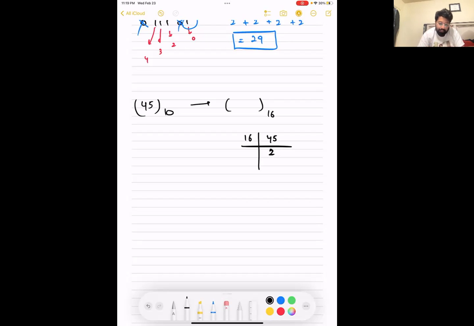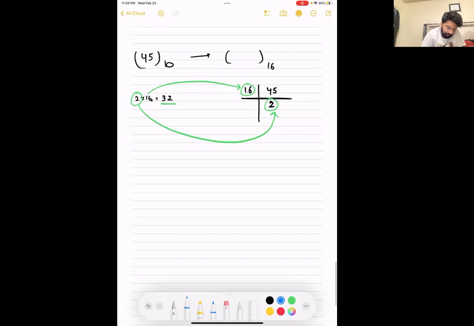Now 2 multiplied by 16 is 32, since I got this 2 from here, and this 16 is from here. Makes sense? So I have 32. Now what I'm gonna do is 45 minus 32, which gives me 13. So the remainder is 13.